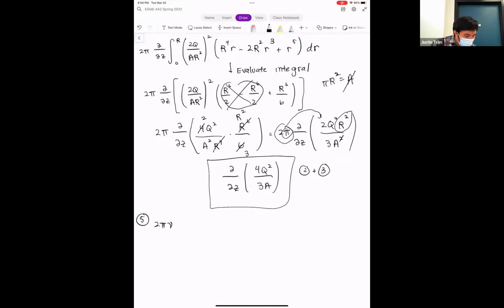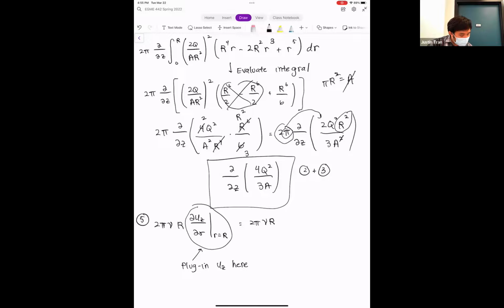Remember, the result of integral 5 was 2 pi times r times partial uz partial r, evaluated at little r equal to big R. All we have to do now that we have an expression for uz is plug in uz there, and then take the derivative with respect to r. If we do that, we get 2 pi nu times big R.